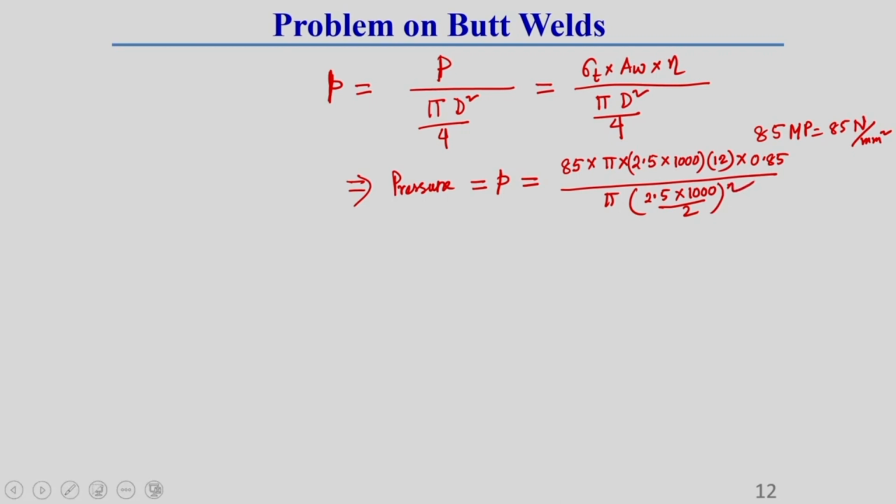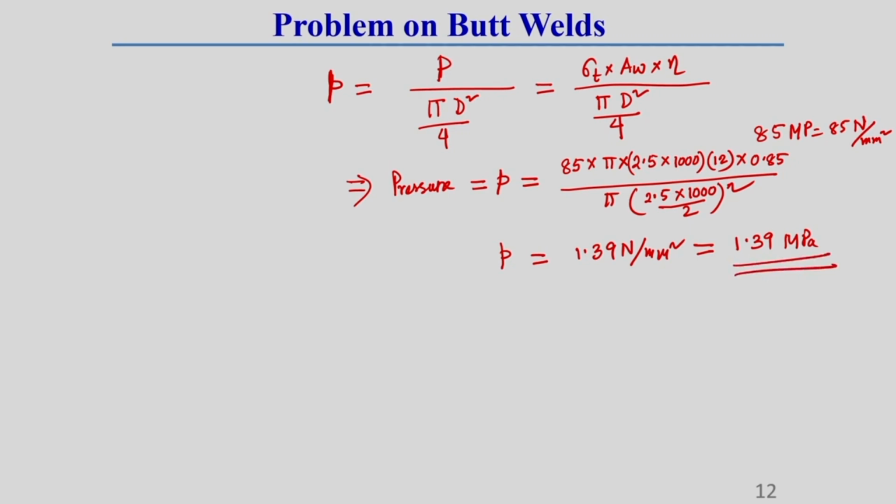So, from here we can get the internal pressure, or you can say permissible pressure of this cylinder, equal to 1.39 Newton per millimeter square, or 1.39 MPa megapascal.